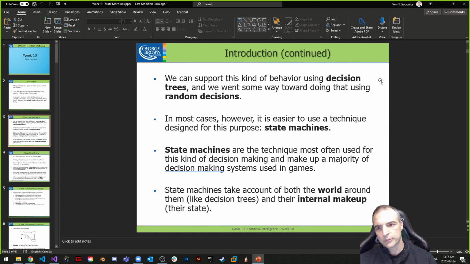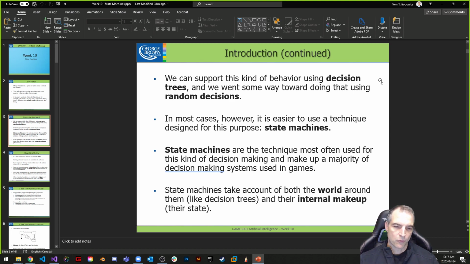Behavior trees are more complex, but then again, last week when we talked about behavior trees, we talked about sequences. If I have to do a sequence of actions, then I would use something more of a behavior tree. If I'm just going to move my autonomous character AI from one state into another state, let's say a transition from a patrol state into an attack state, and that's all I'm doing, sometimes that's easier to do with a decision tree or a state machine as opposed to a behavior tree.